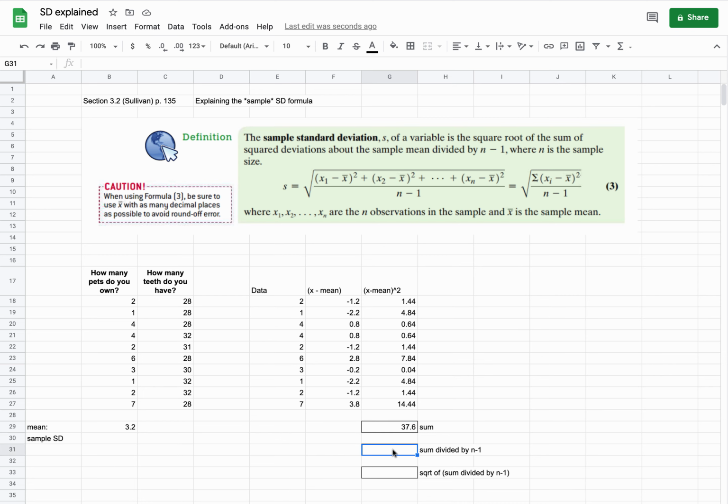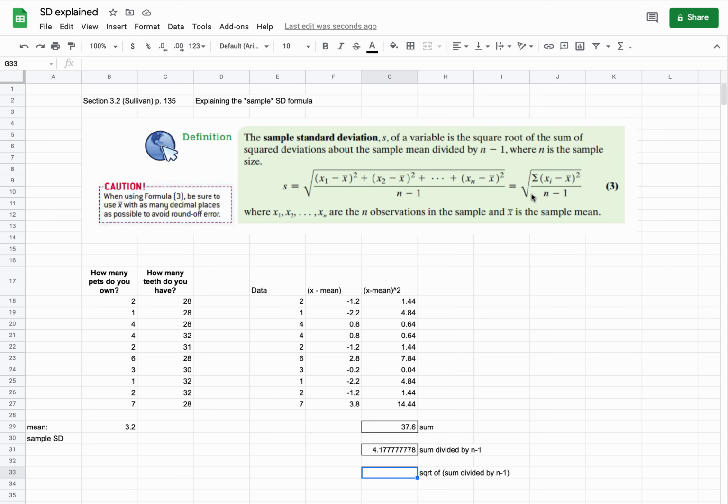Now I'm going to divide my answer by n minus 1. So the sum of squared numbers, 37.6, divided by, let's see, we had 10 numbers minus 1, so divide by 9. Get an answer. So now we have computed this fractional part underneath the square root, and the last step is to take the square root.